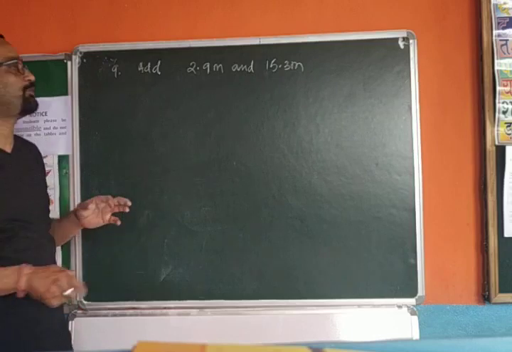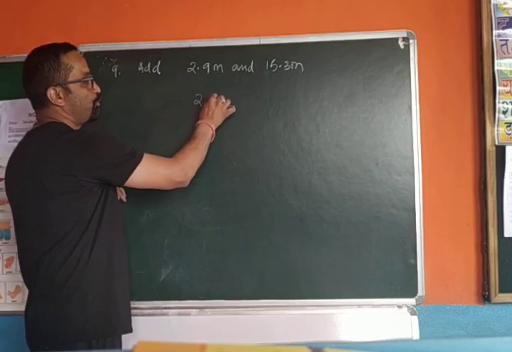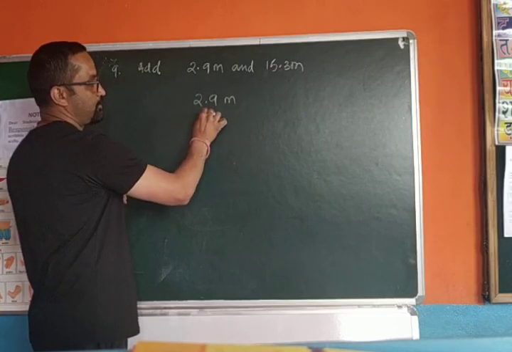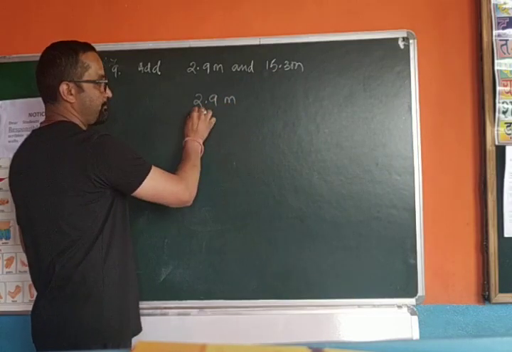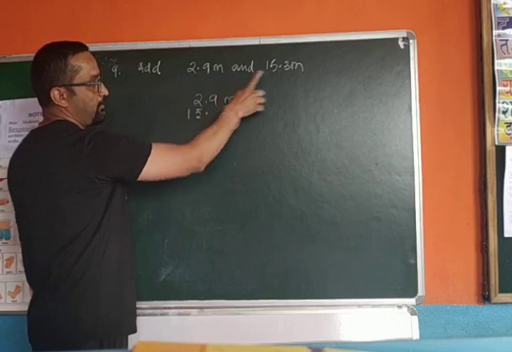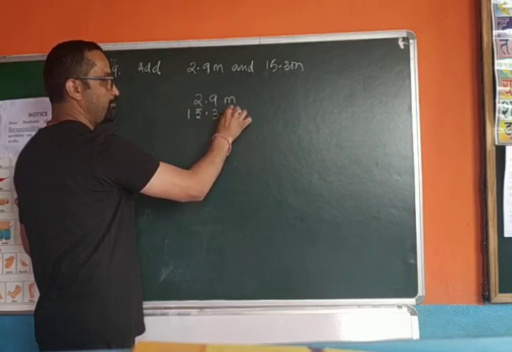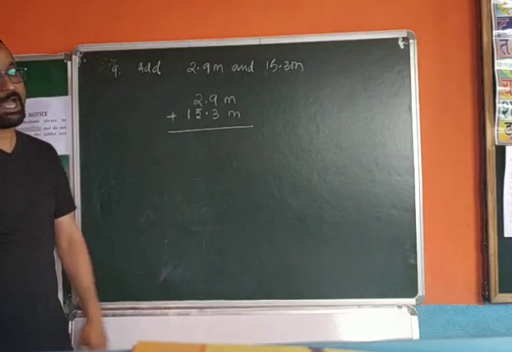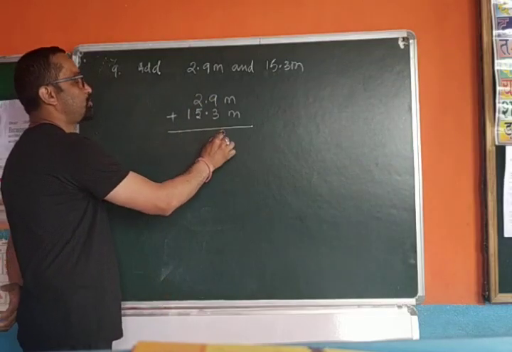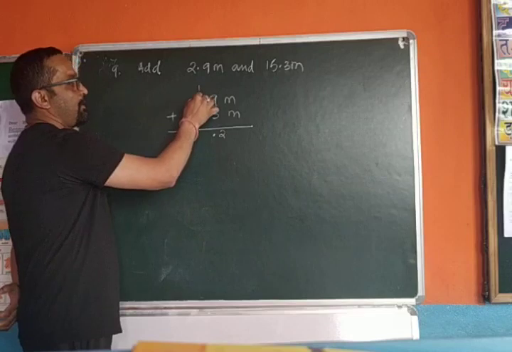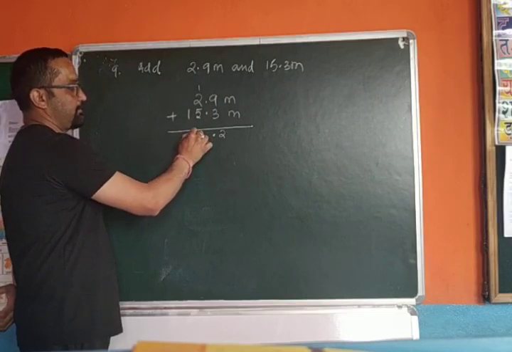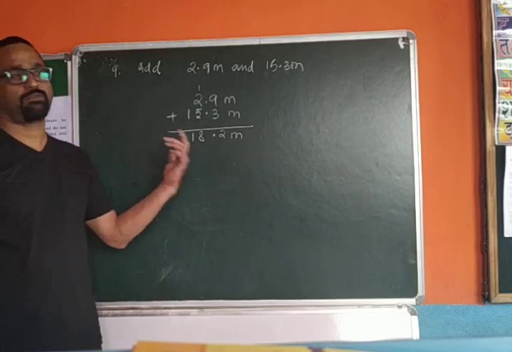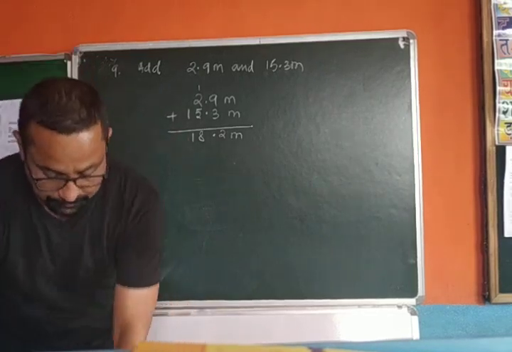Both are in the same unit. 2.9 meter. Put the decimal first. Then follow the order 5, 1, 3. Again meter. It says add it up, so you proceed with addition. 9 plus 3 is 12. 8, 18 meter. Simple, similar to the previous one.